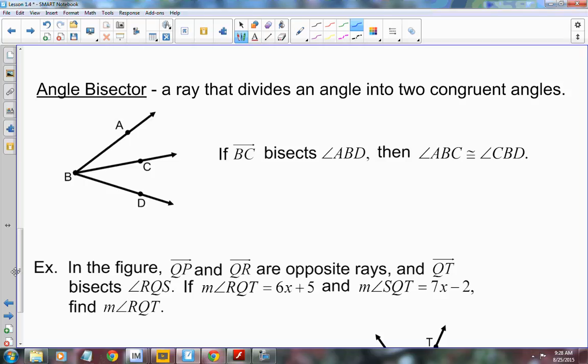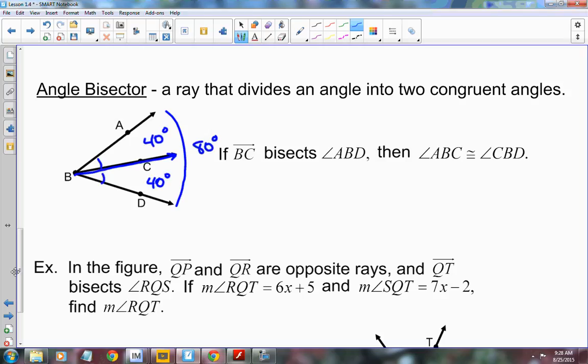There's not a midpoint of an angle, but it goes right through the middle, creating two congruent angles. So if this right here is an angle bisector, then this angle is congruent to that angle. If this was 80 degrees and this was an angle bisector, what does it make each one of these? 40.